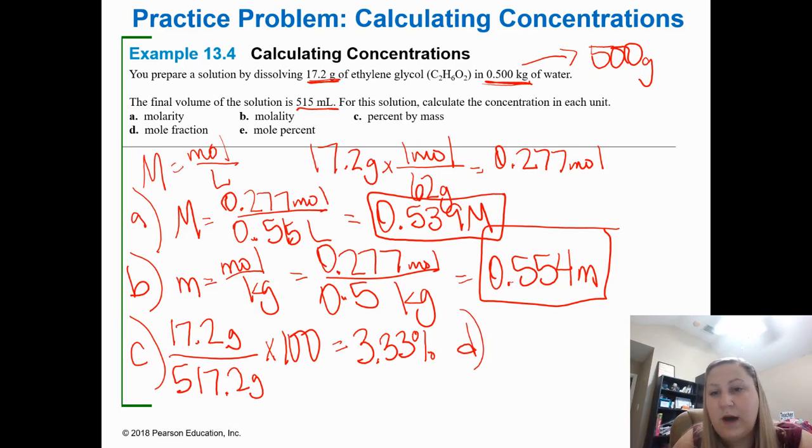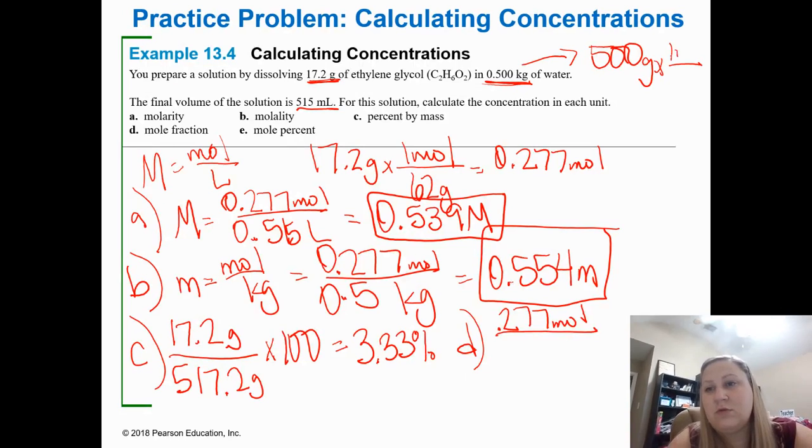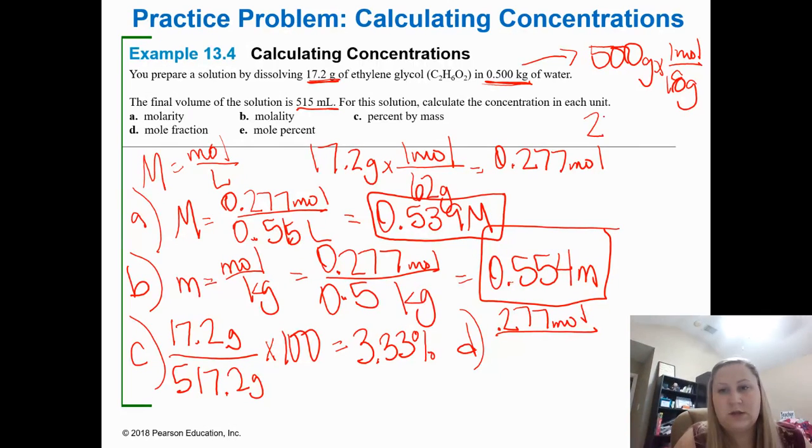Okay, so I've got the moles of the solute, and I need to convert my 500 grams to moles. The molar mass of water is 18. So this is 27.8 moles of water.